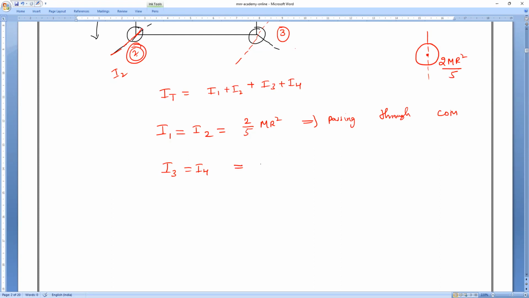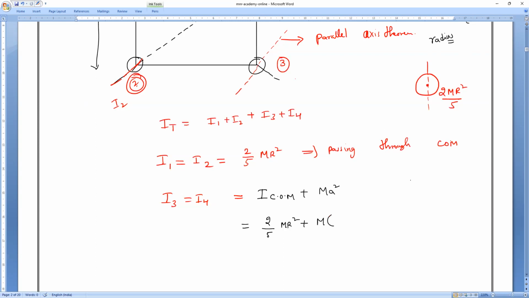Parallel means moment of inertia through center of mass plus m a square. So it is 2 by 5 mr square plus m into a square. What is the a value? That is very important, observe carefully. As it is a square, can you tell me the diagonal formula?